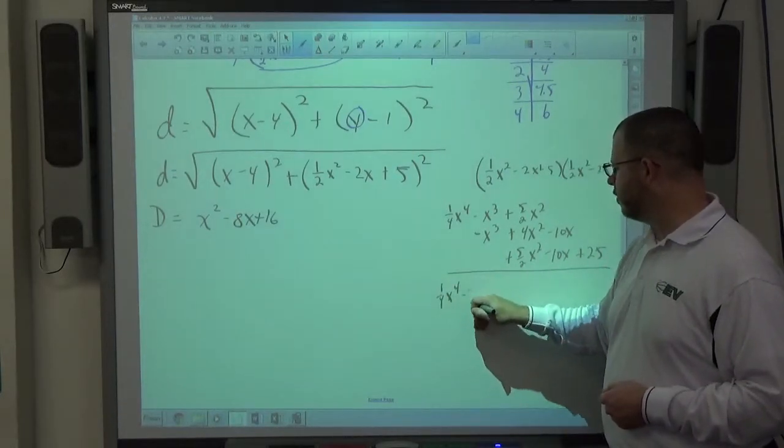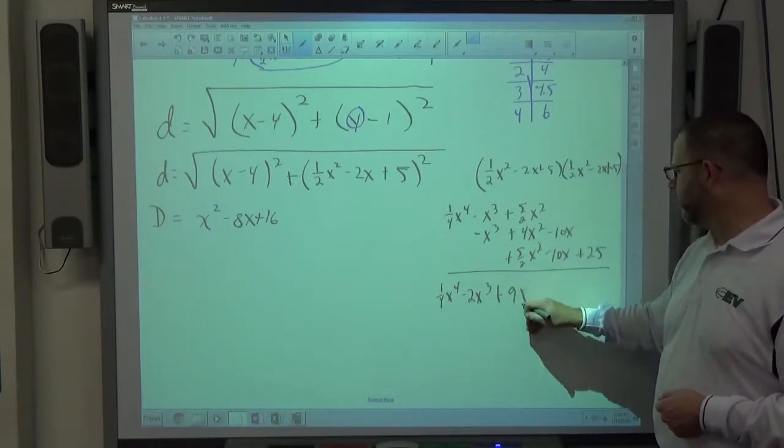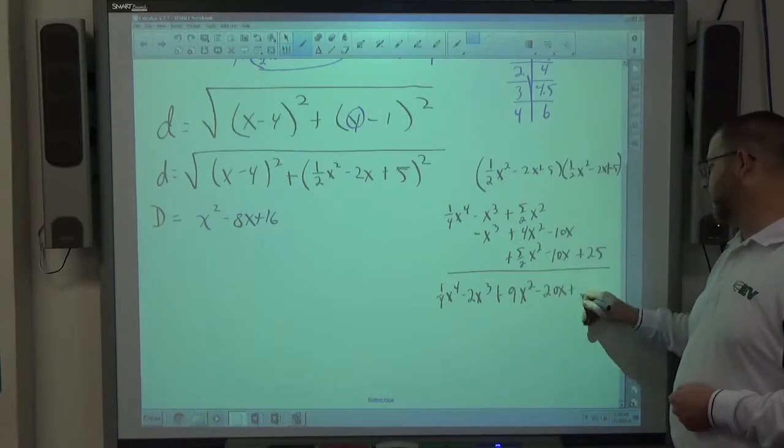So 1/4 x^4 - 2x^3, that'll be 5 plus 4, a total of 9x^2 - 20x + 25.